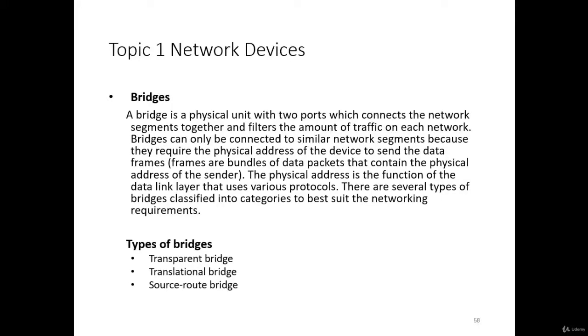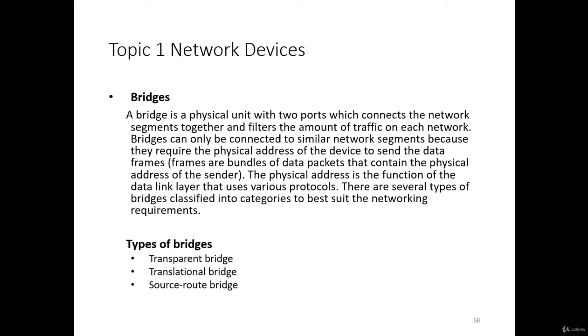A bridge is a physical unit with two ports which connects network segments together and filters the amount of traffic on each network. Bridges can only be connected to similar network segments because they require the physical address of the devices to send the data frame.